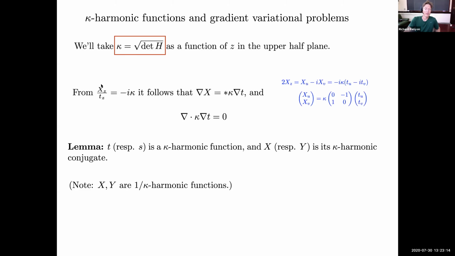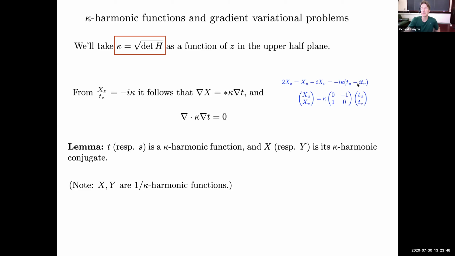This was our equation which we found before. If we rewrite this equation in terms of real coordinates, I did it over here. If I multiply by 2, then the z derivative of x is xu minus i xv, where u and v are the real and imaginary coordinates of z. And this is minus i kappa times tu minus i tv.